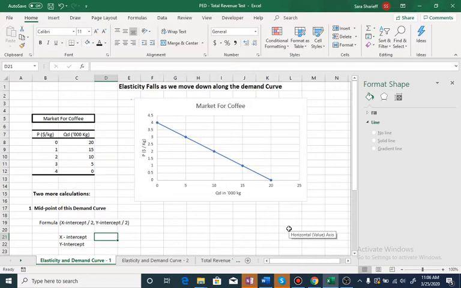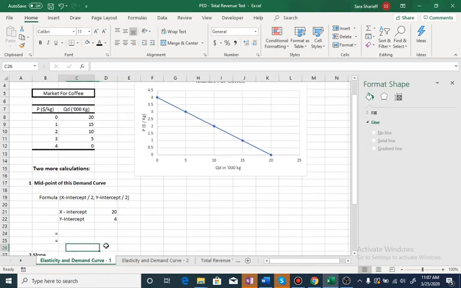You can easily spot the x-intercept either by taking a look at the data set or by taking a look at the graph. So x-intercept is basically when price is 0, quantity demanded is 20. So this is your x-intercept. What is your y-intercept? When quantity demanded is 0, price is 4. So 4 is your y-intercept.